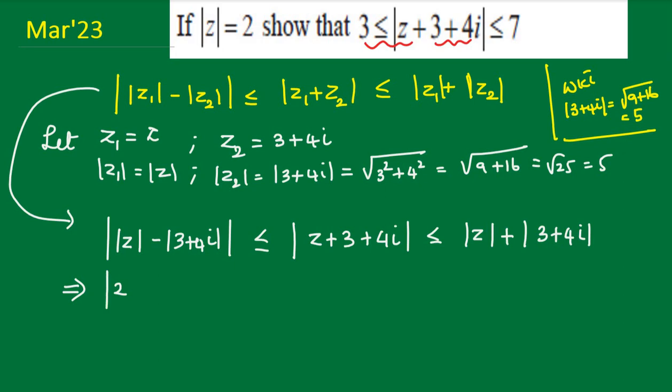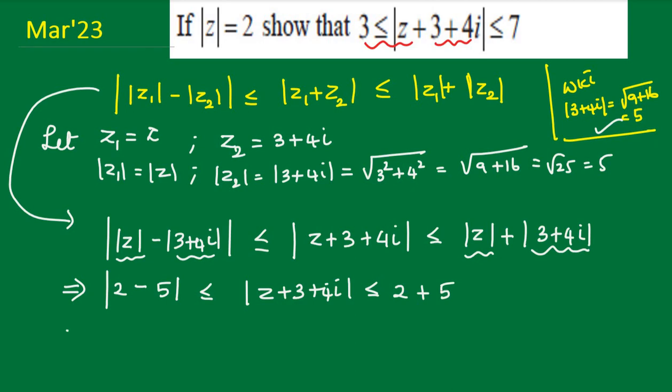So this is modulus of z, which is 2, minus modulus of 3 plus 4i, which we have found is 5, less than or equal to modulus of z plus 3 plus 4i, less than or equal to modulus of z, which is again 2, plus modulus of 3 plus 4i, which is equal to 5. Now this is modulus of minus 3, which gives us 3, less than or equal to modulus of z plus 3 plus 4i, less than or equal to 2 plus 5, which is equal to 7.